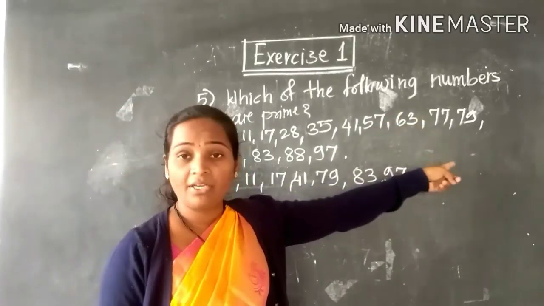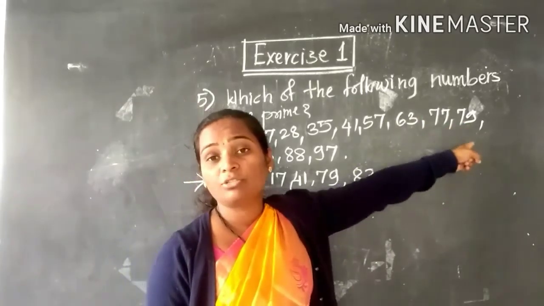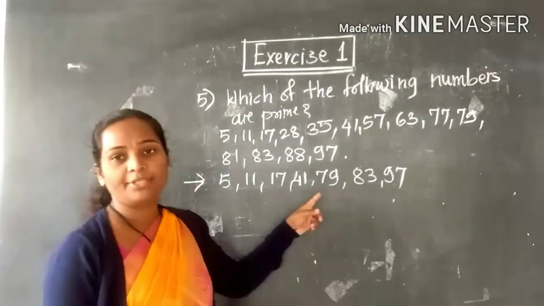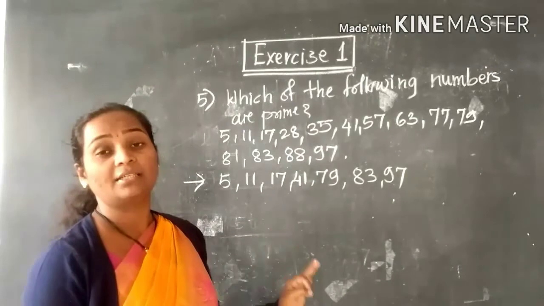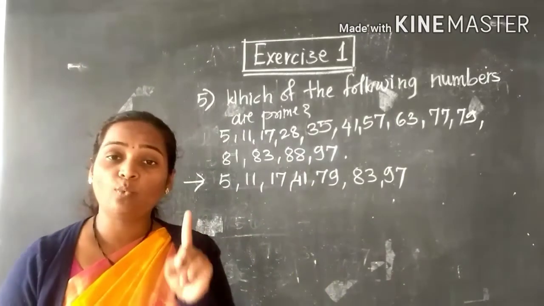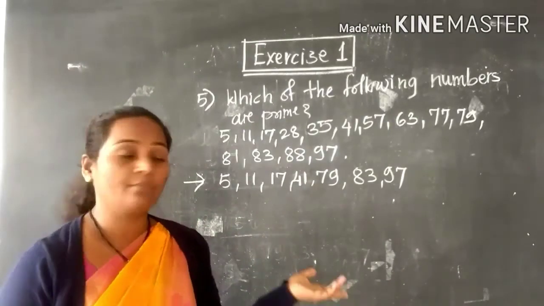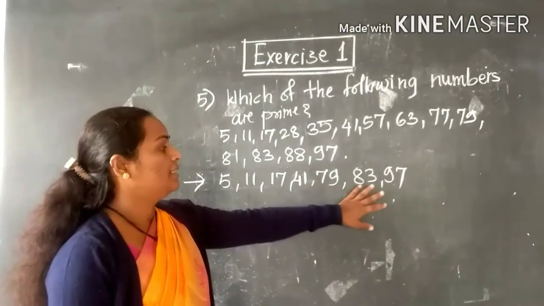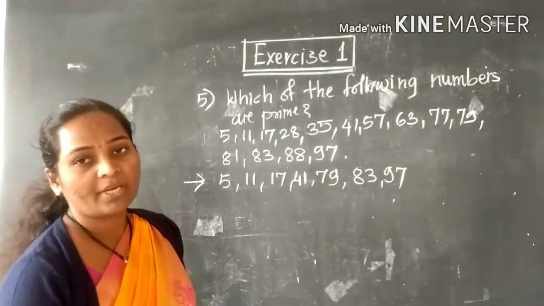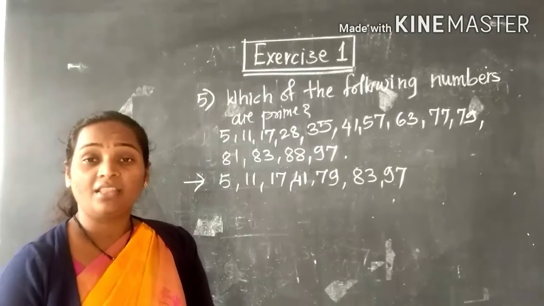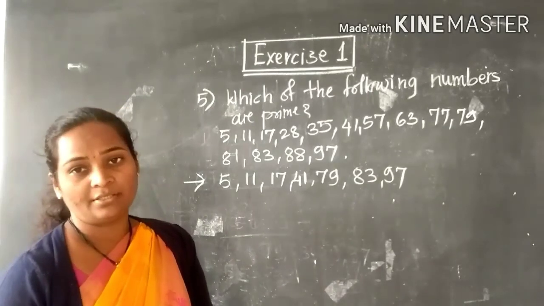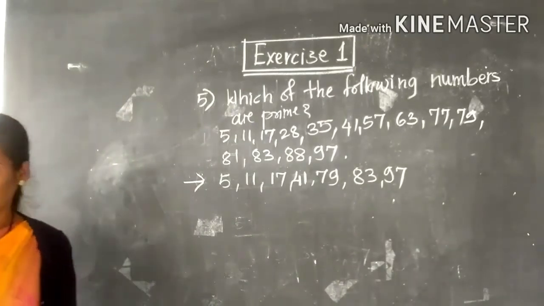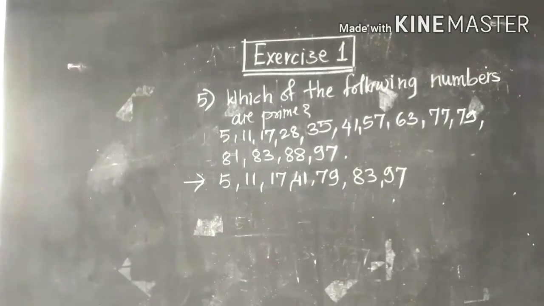Then 77 also has other factors. So 79 is a prime number because it does not have other factors than 1 and that number itself. And 83 and 97 are prime numbers. You should check in the notebook by doing this. Okay, we will turn towards the next, that is question number 6.